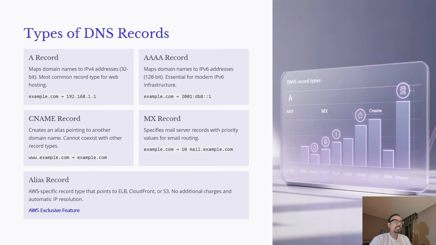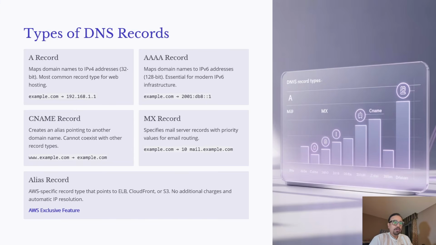So what I'm going to do is, in the A record, give Amazon.com. Whenever somebody types Amazon.com in the browser, it is going to go to the application hosted on the server that is 192.168.1.1. So that is how you can map your domain name to an IP address by using an A record.